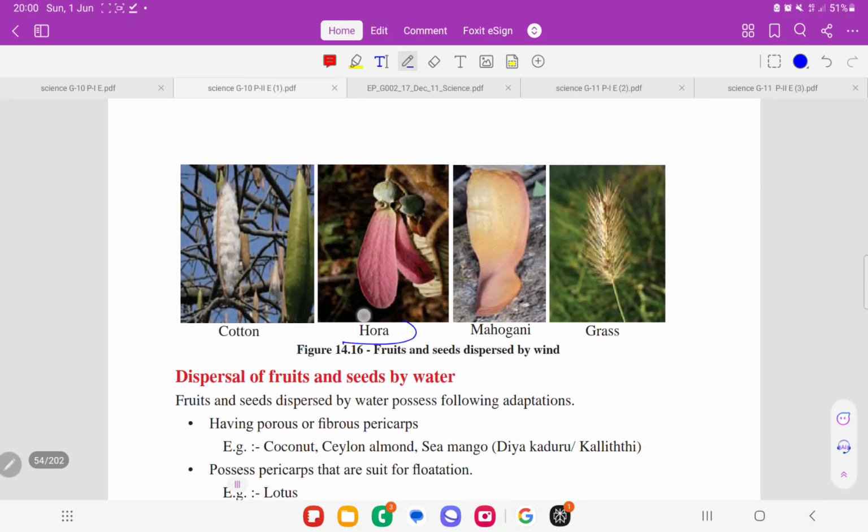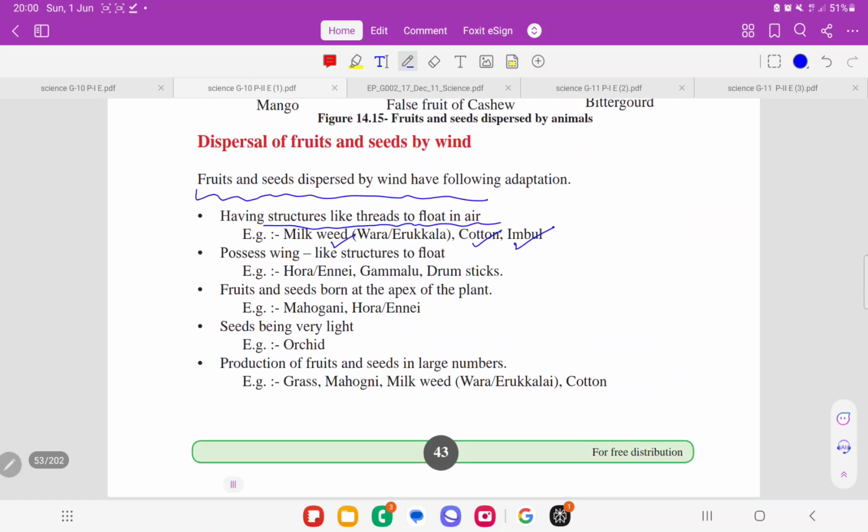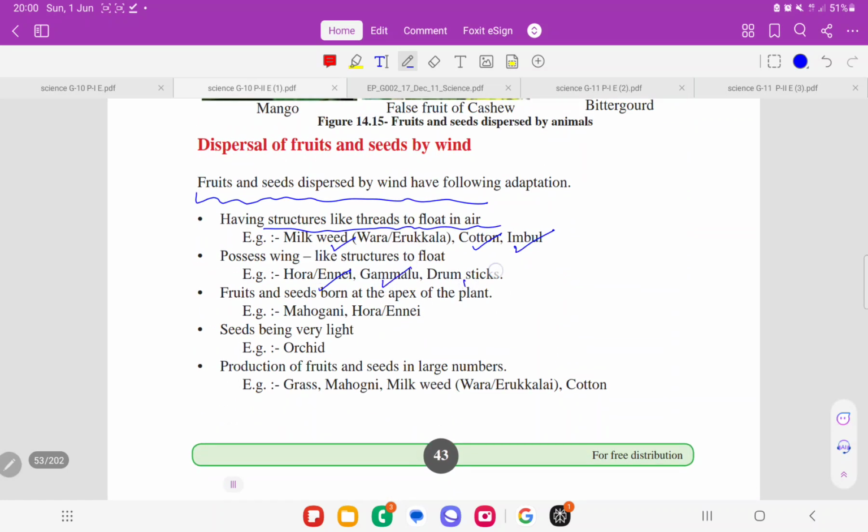Here you can see horror, the wing-like structures, right? Horror, gammalu, drumsticks. 3. Fruits and seeds born at the apex of the plants, then easy to spread, right? When wind comes, the apex faces first, mahogany and horror, the example. So horror has wing-like structures and is born at the apex of the plants.